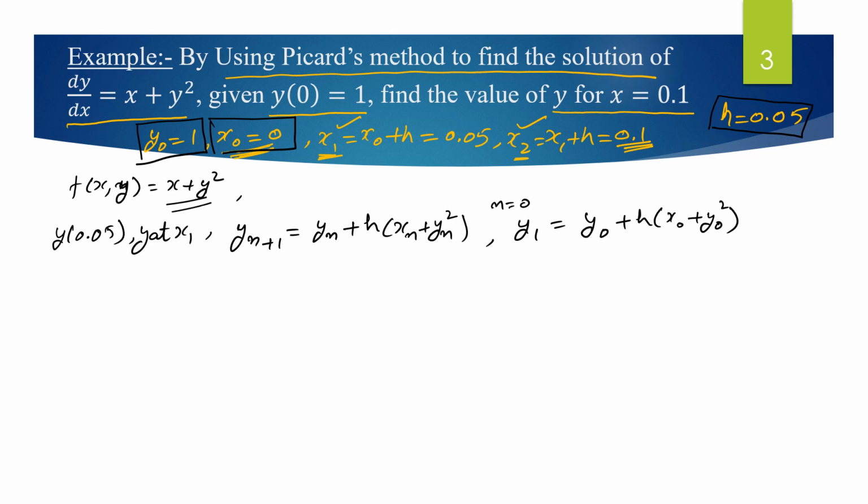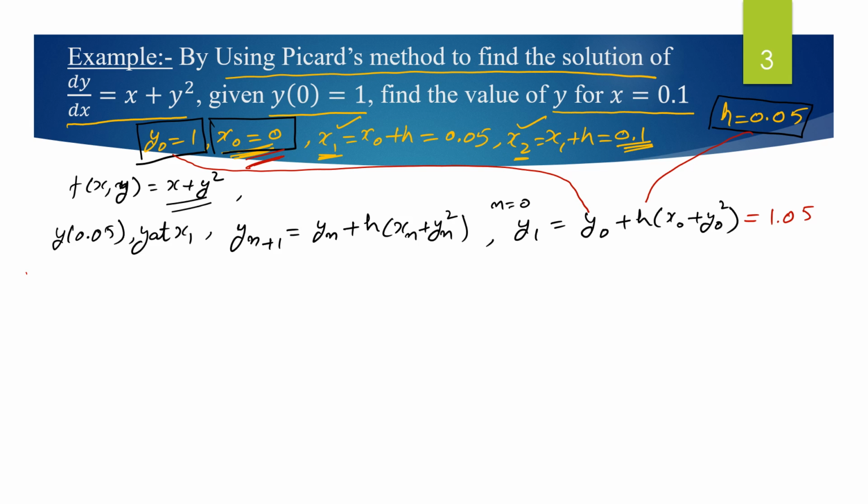Substituting the value of y0, that is 1, h as 0.05, x0, and again substituting y0, we have y1 equal to 1.05. I have written this by calculating the terms.